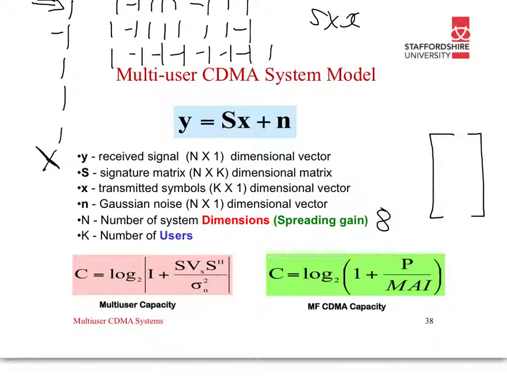And then I'll do the same for the other users, up to the bottom one. So this is our X. Our S times X is a square matrix.